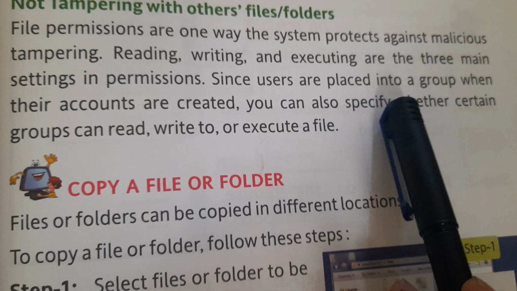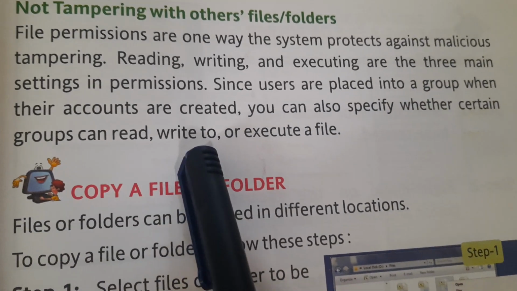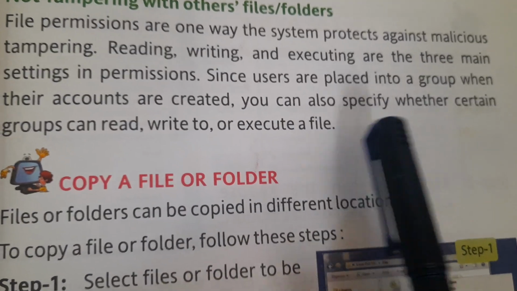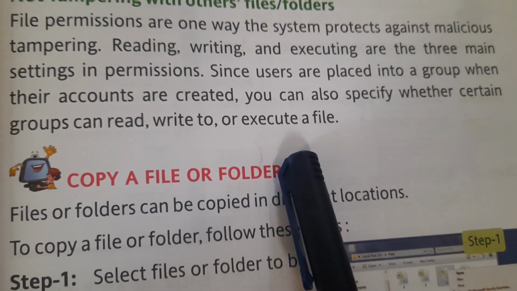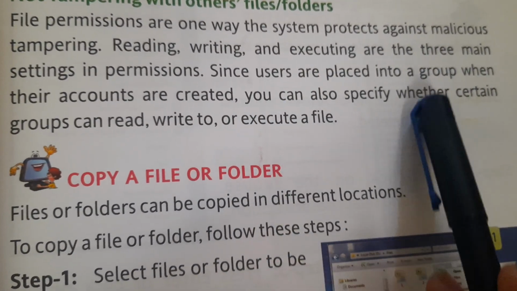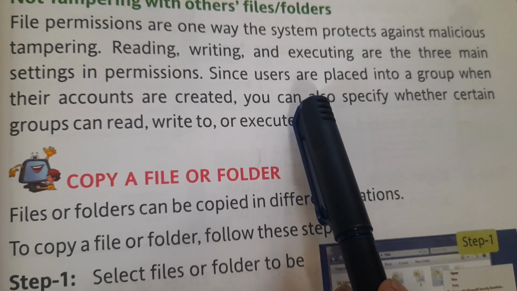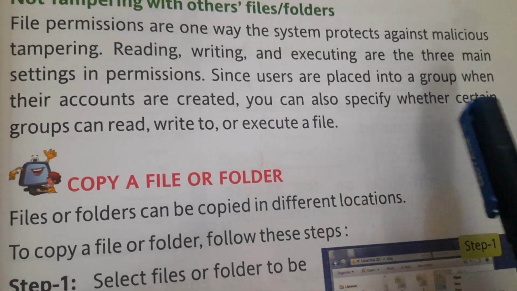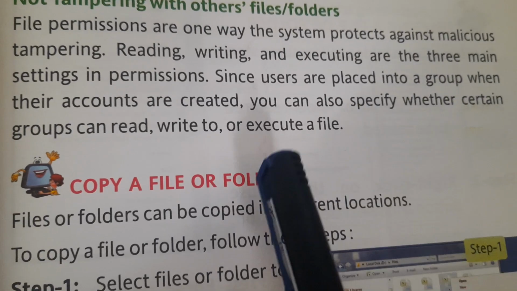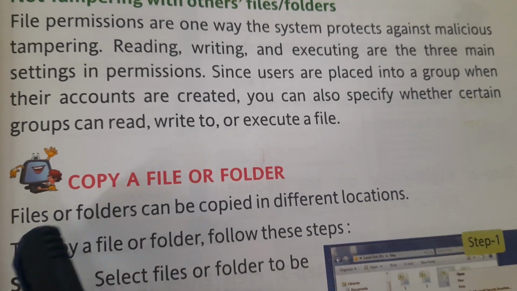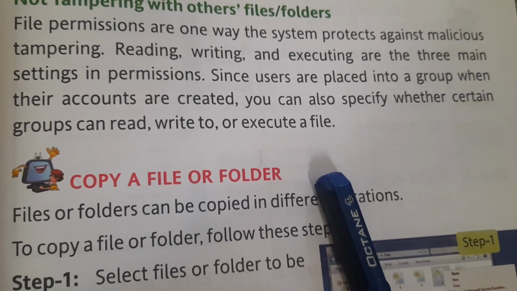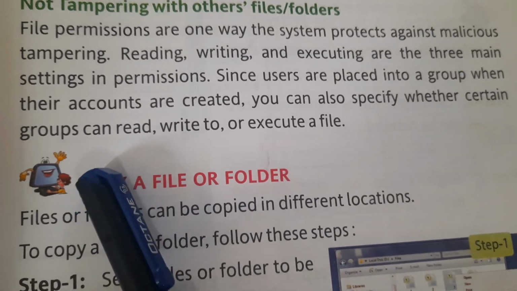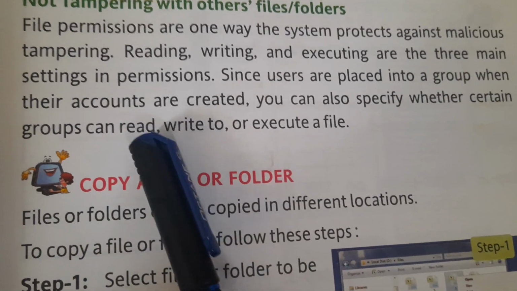Since users are placed into a group when their accounts are created, you can also specify whether certain groups can read, write to or execute a file. Means when the accounts are created, the users are placed into different groups. Okay, so we can specify whether we want those groups to read or write or to execute a file. If we think that they just need to read, we can allow them.